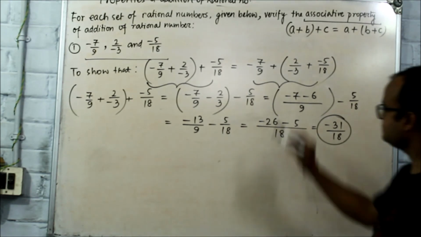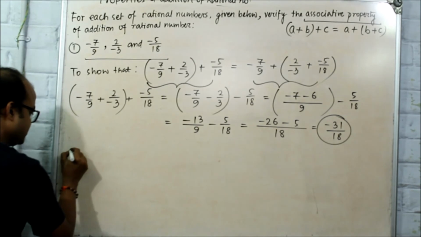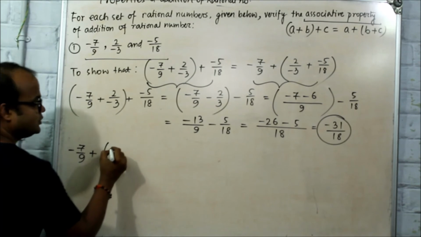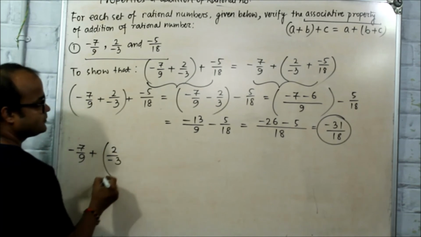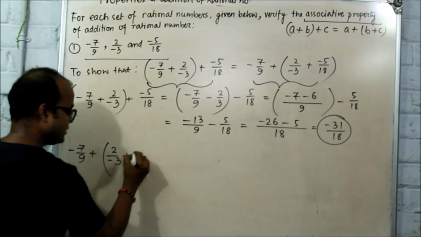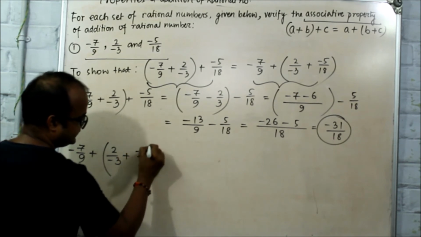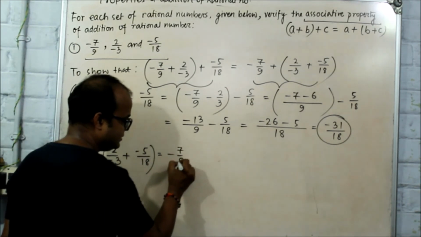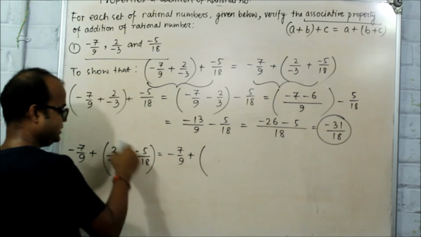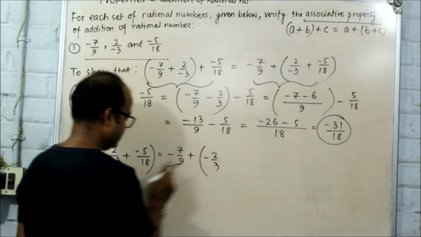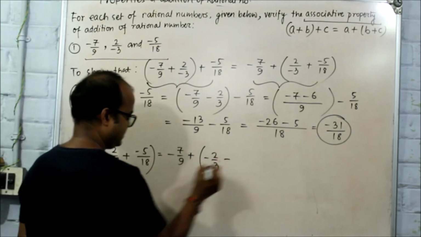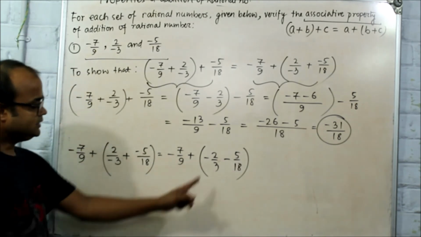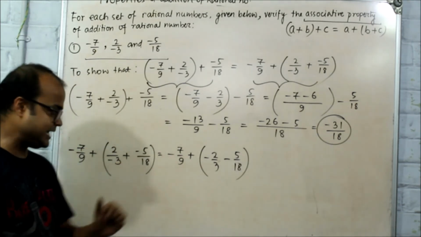Now we'll take the other part. Minus 7 by 9 plus 2 by minus 3 plus minus 5 by 18. So this will be equal to minus 7 by 9 plus minus 2 by 3 plus minus 5 by 18. Now LCM of 3 and 18 is 18.